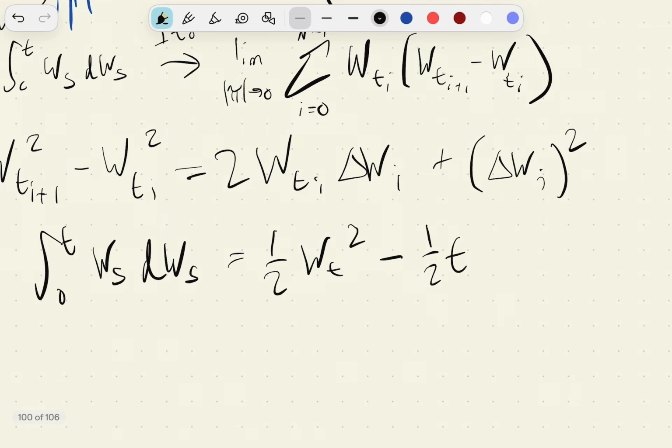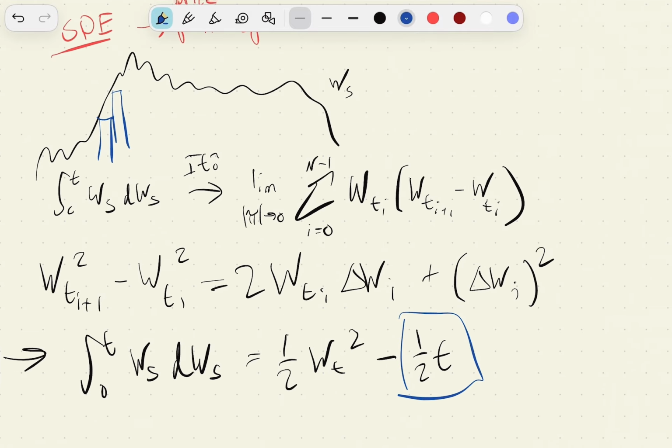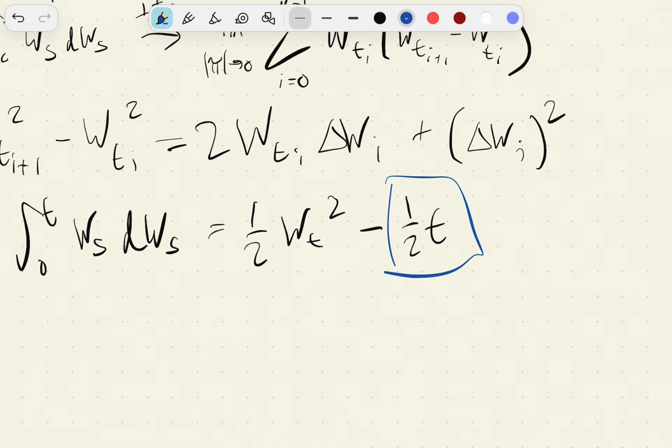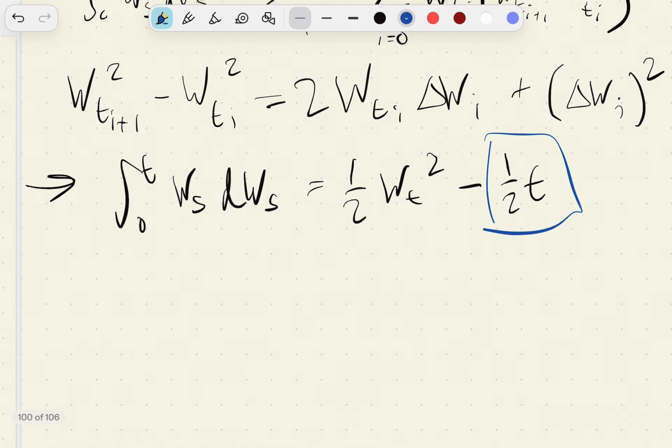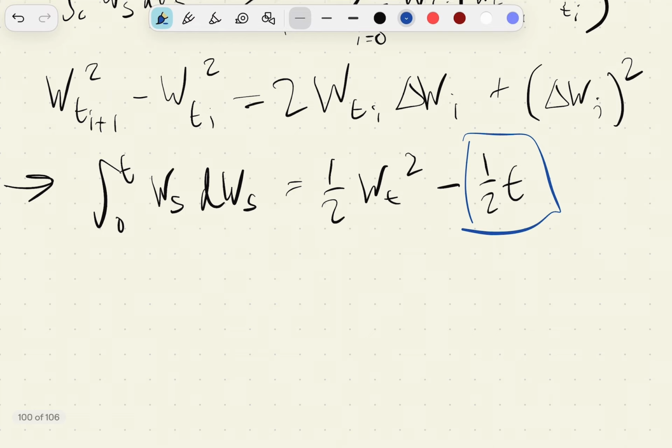And this extra term here that comes out of the Ito formulation is basically the quadratic variation of the process. All right, so if I were to take the covariance of the process with itself through time, it would be equivalent to t, right? And so the variation is equivalent to how long you're running your clock.